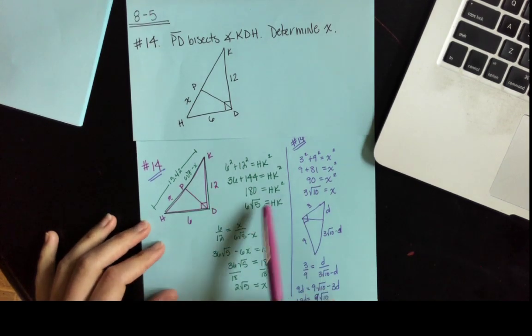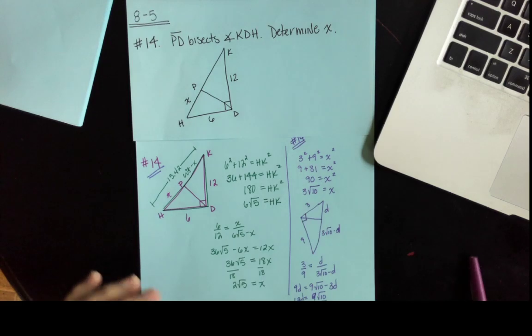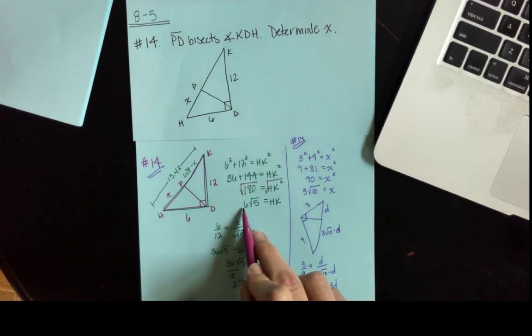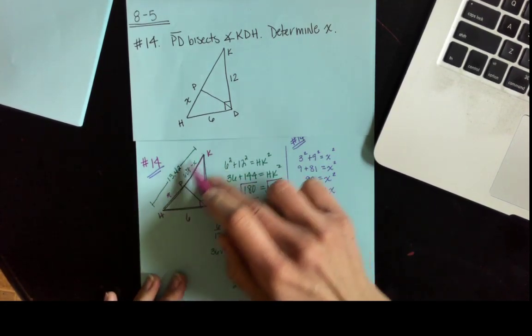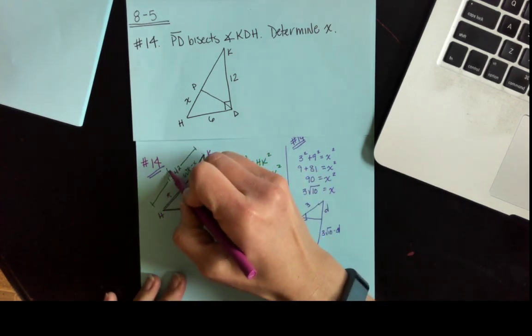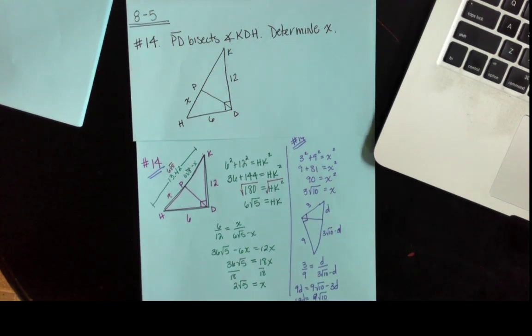So I worked all this out and I have our radical. When I take the square root of both sides, we found that the square root of 180 is 6 radical 5. So again, I had to do the Pythagorean theorem to find the hypotenuse. This hypotenuse has to be 6 radical 5. They would not accept the decimal answer.